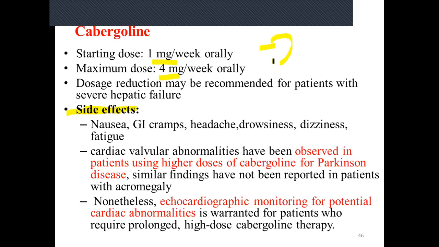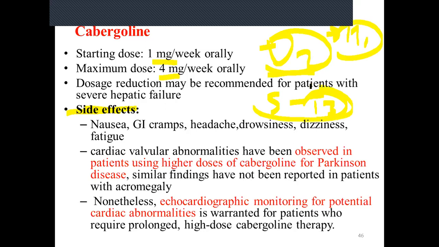Because the dopamine receptor is involved in the pathogenesis of nausea and vomiting. Remember the dopamine receptor, the serotonin type 3 receptor, and also the histamine receptor are mainly involved in activating the vomiting center. So the more you activate the dopamine receptor, the higher the probability of nausea and vomiting.